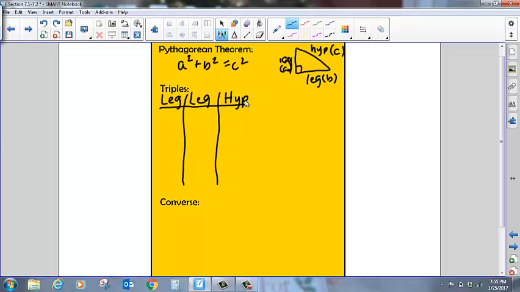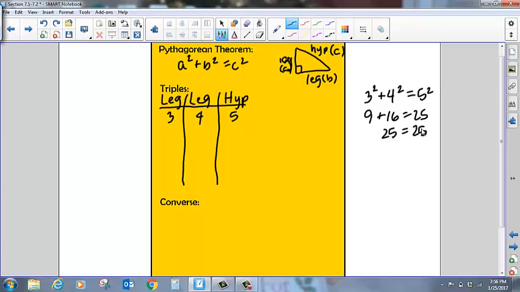All right, so the first triple is a 3, 4, 5 triangle. Now you guys don't have to write this part down off to the side, but why this works and why this is a Pythagorean triple is if we take those values and put it into a squared plus b squared equals c squared, if you work it out, you end up seeing that the two sides are equal.